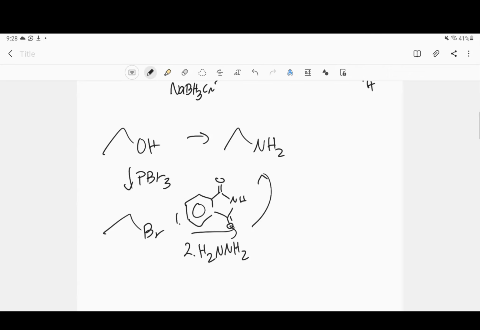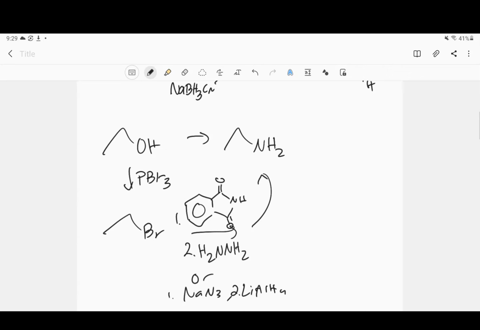So you use sodium azide and then reduce it. So you have two ways of doing this. You can either use the Gabriel method, using the phthalimide and then the hydrazine, or you can use sodium azide and then a reducing agent, and that'll get you to your primary amine. Either of those will be a little bit more efficient than going to a carboxylic acid, then aldehyde, then reductively aminating.